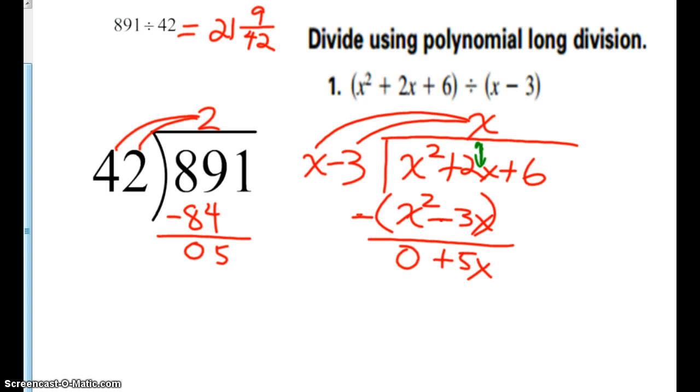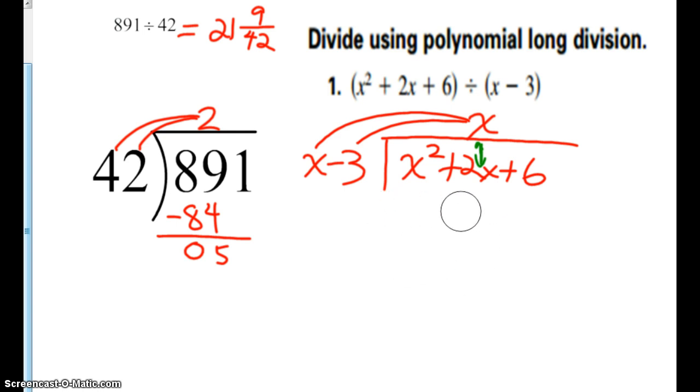So ultimately, would you agree that when I subtract this bottom, I actually just could change the sign of this bottom and then add? So here's how I talk about this. Let me go back to where I was before.